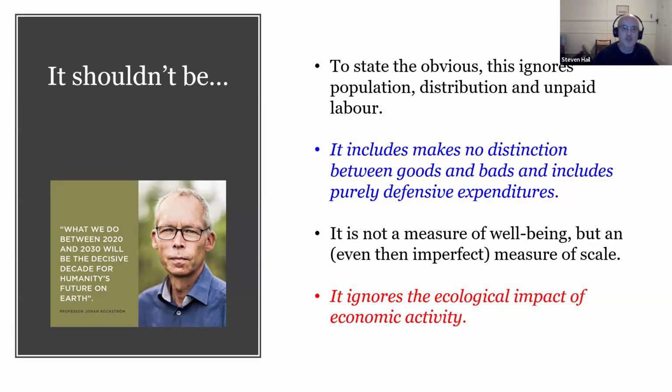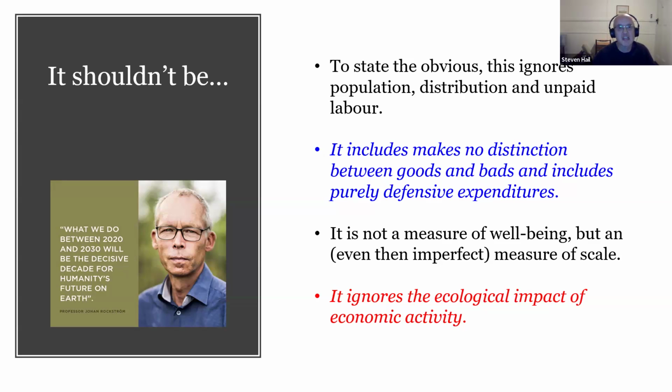As Johan Rockström, one of the people that developed the 9 planetary boundaries that are regularly discussed these days, including in Kate Raworth's book, Doughnut Economics, about 15 years ago, said in a documentary 3 or 4 years ago, what we do between 2020 and 2030 will be the decisive decade for humanity's future on Earth.